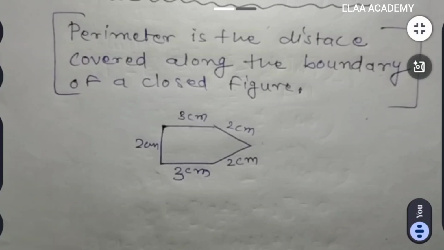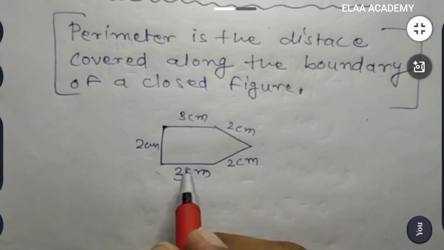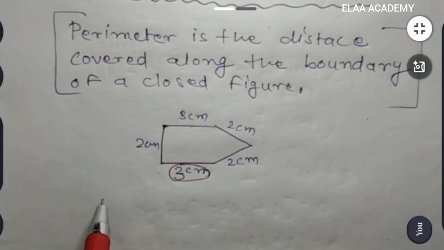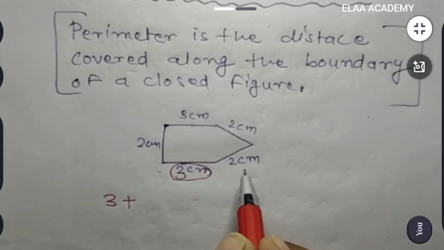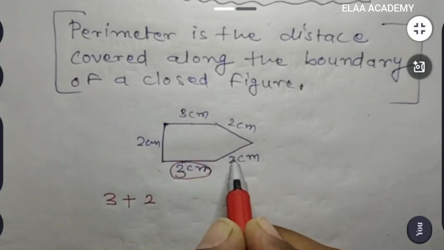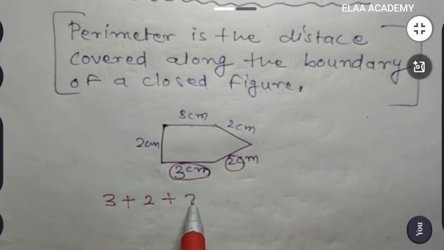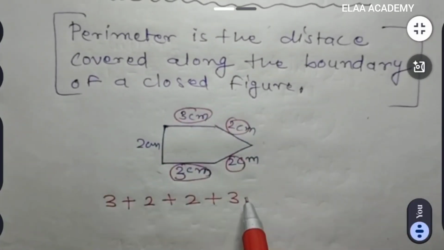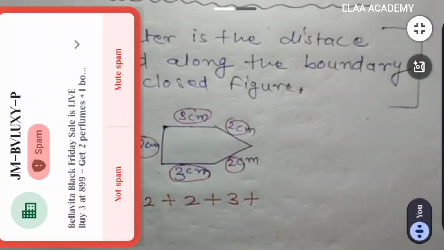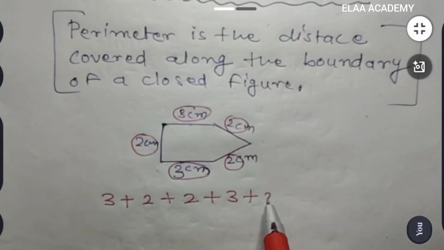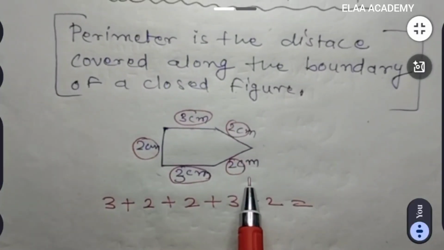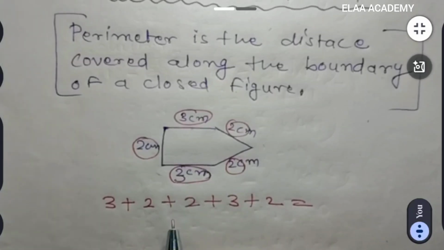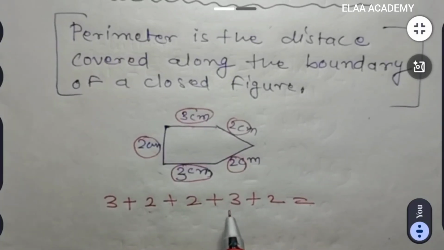So we have to add all the sides. First of all we will add this first side. कौन सा साइड को ऐड करेंगे? This 3 plus 2 plus 2 plus 3 plus 2. ओके, अपन क्या करेंगे, इन सभी डिस्टेंस को ऐड करेंगे.